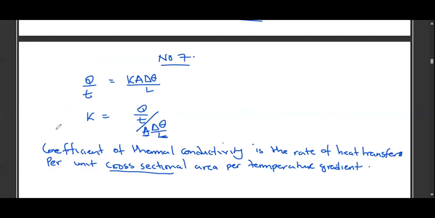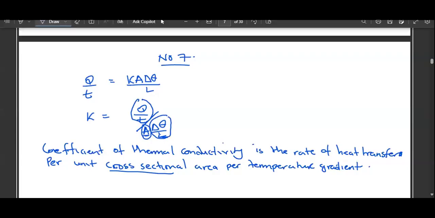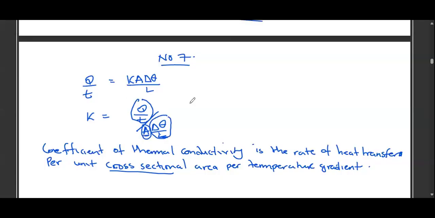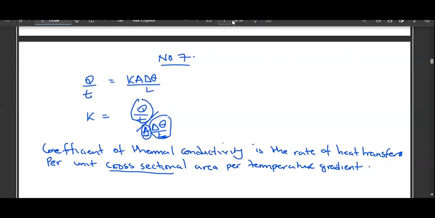From this formula, we can define coefficient of thermoconductivity as rate of heat transfer, per unit cross-sectional area, because it is divided by area, then per unit temperature gradient, because this divided by this gives us temperature gradient. I gave the first formula to help us come up with a simpler way of defining coefficient of thermoconductivity. I think now it is clear.